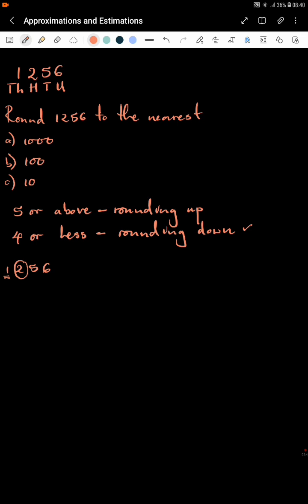You have to go down from 1256. You go down to the 1000 that is below. So your answer is going to be approximately equal to 1000 after rounding down. That's part A.